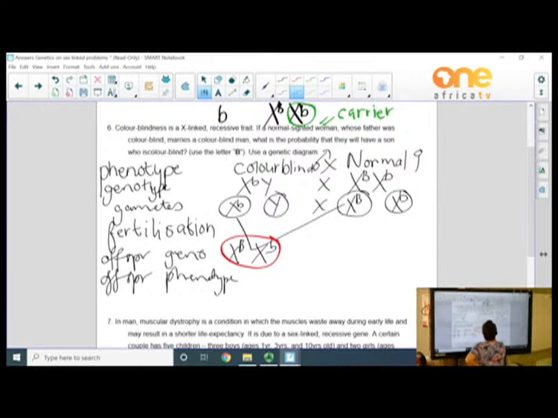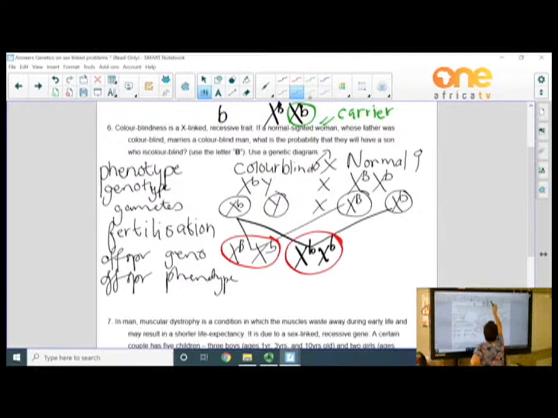Be careful. Then the next one is again a female.